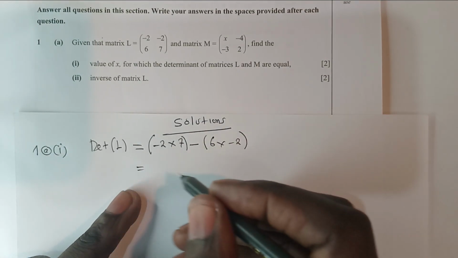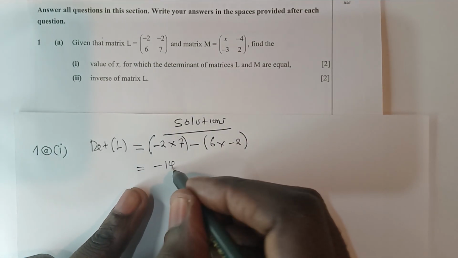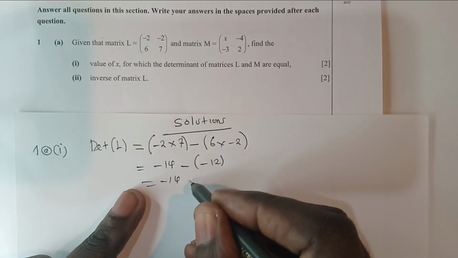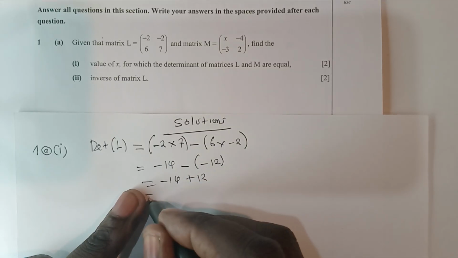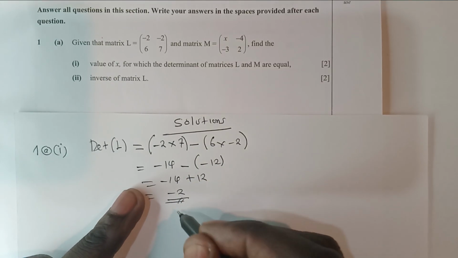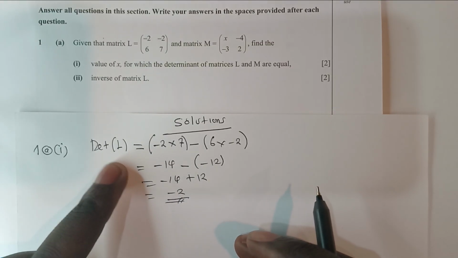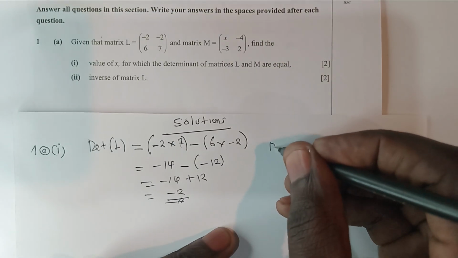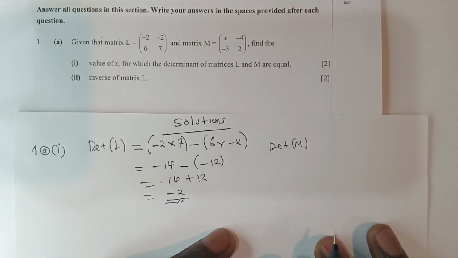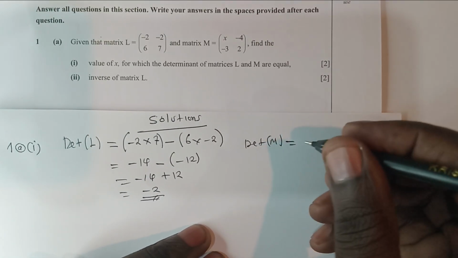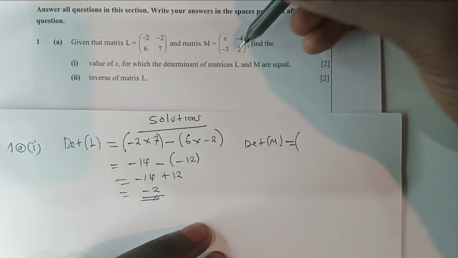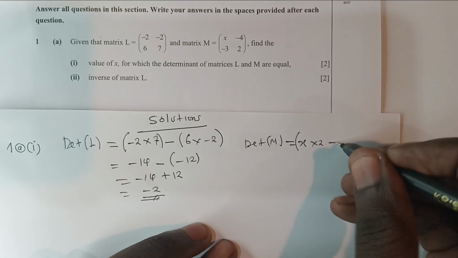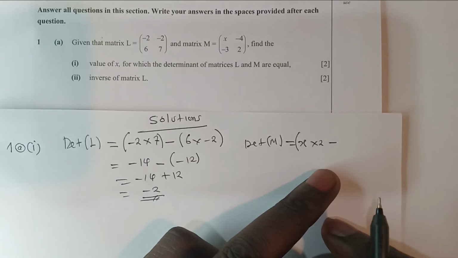Let's finish it up. So this is going to give us -14 minus -12, which shall come to -14 plus 12. And finally, this will give us -2 as the determinant of the matrix L. Coming to the other matrix, which is matrix M, its determinant, we are going to say determinant of M is equal to, so we do the same, the product of the major diagonal, so it's x times 2 minus the product of the minor diagonal.